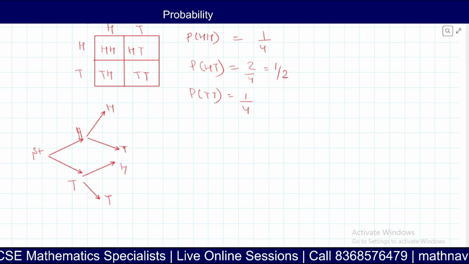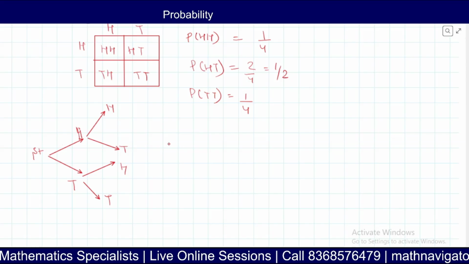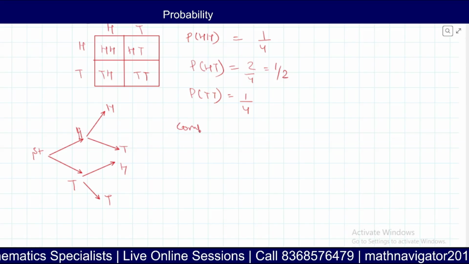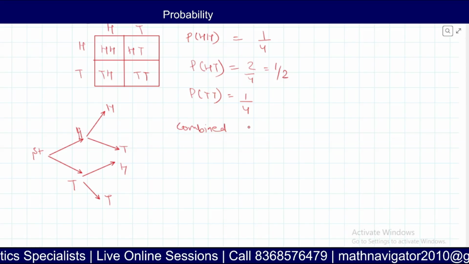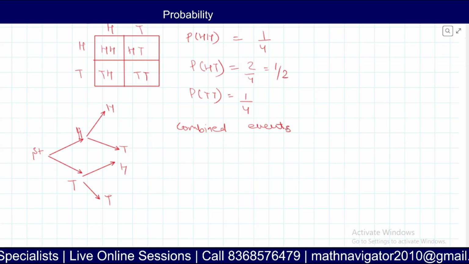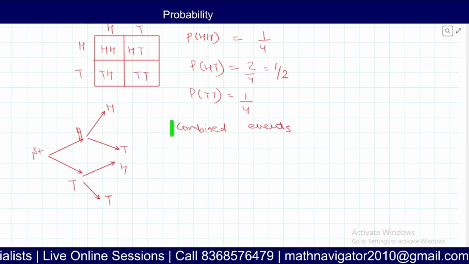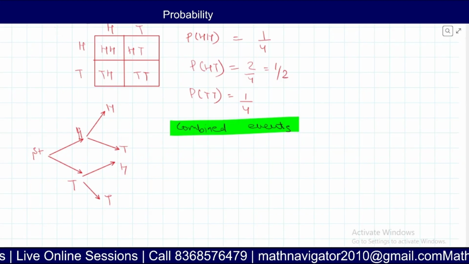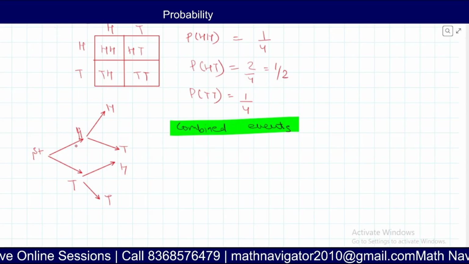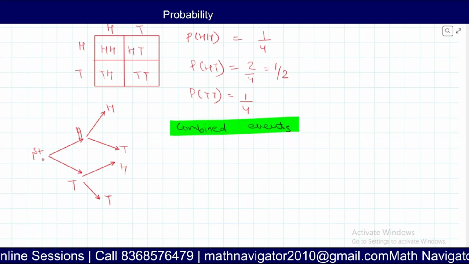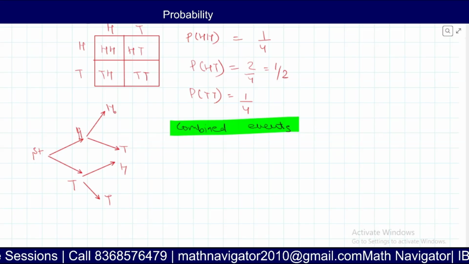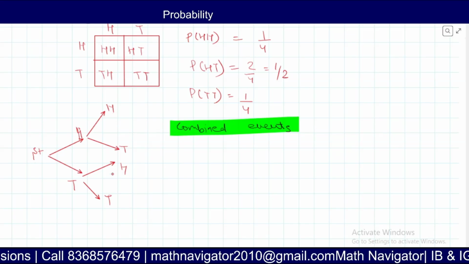Yeah. Then there is one more thing which is called combined events. What do we mean by combined events? Combined events means the events are happening one after the other. So that means the first coin is tossed and the second coin is tossed. These are two combined events.